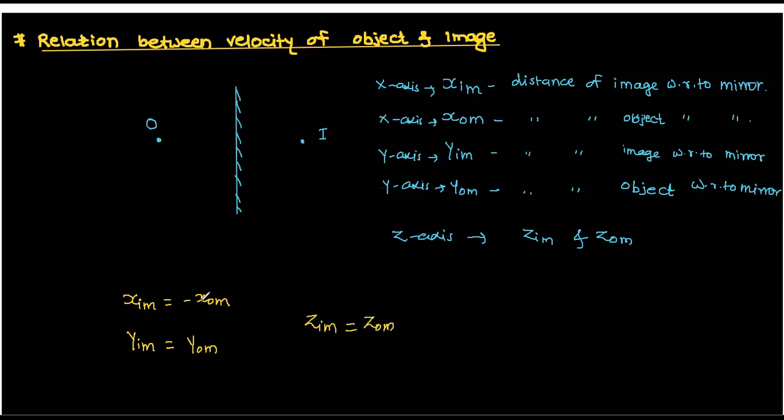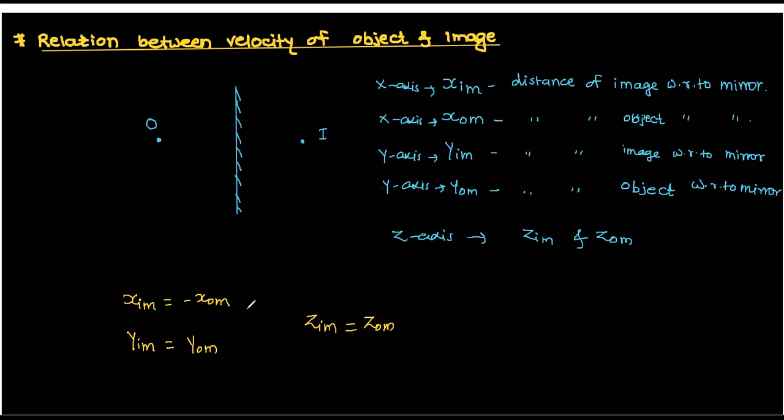Now see, only along the x-axis, when you are moving perpendicular to the mirror, the displacement direction is changing. In the other axes it is not going to change. This is what you understood. Is that clear?